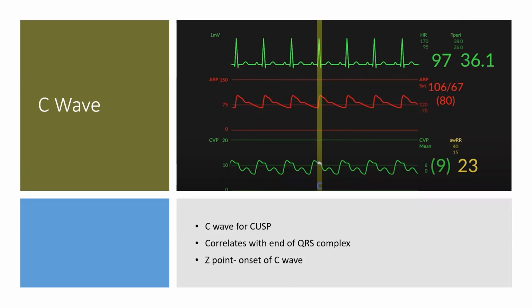So how do we determine where the C wave is? It is the waveform that corresponds to the R wave of the ECG or the middle of the QRS complex.